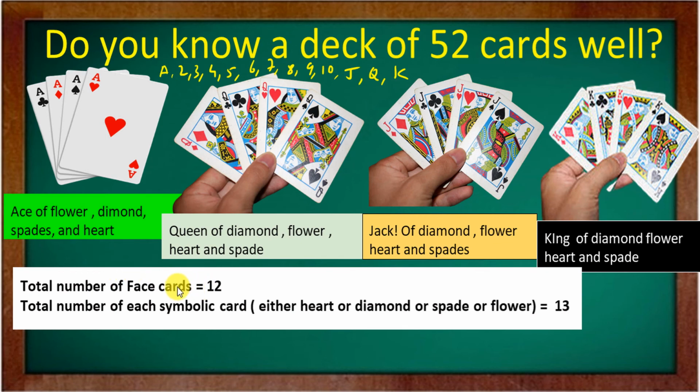So the total number of face cards in a deck of 52 cards will be 12, and the total number of each symbolic card, that is either heart or diamond or spade or flower, will be 13.